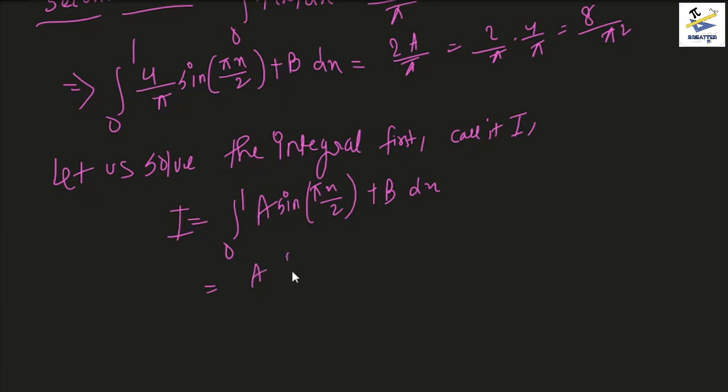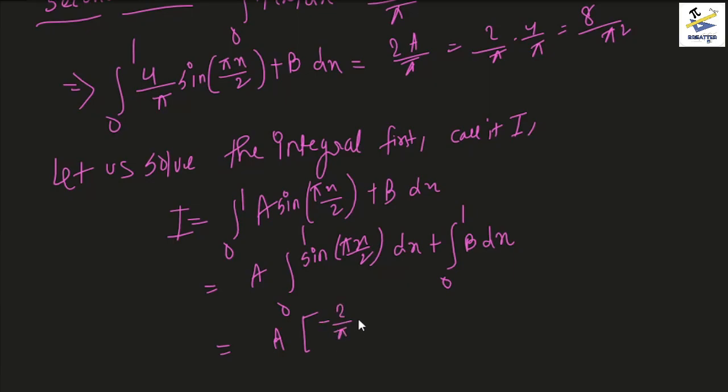This means this equals a into the integral from 0 to 1 of sine of pi x by 2 dx plus the integral from 0 to 1 of b dx, right? Now b is a constant, so the integral from 0 to 1 of b dx is simply b because the interval length is 1, and in this one the antiderivative of this function would just be minus 2 by pi cosine of pi x by 2 from 0 to 1 plus b.